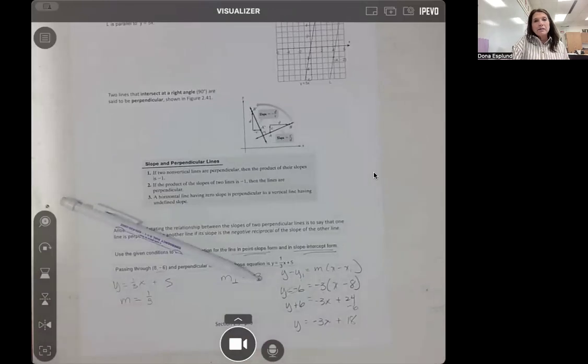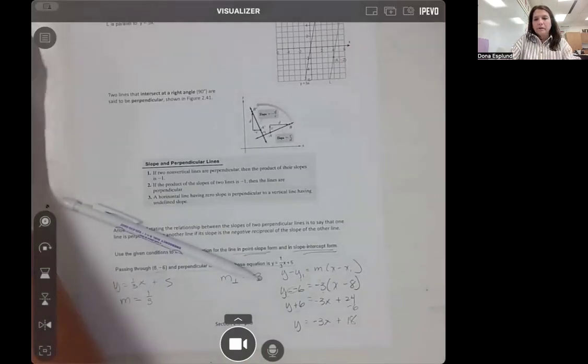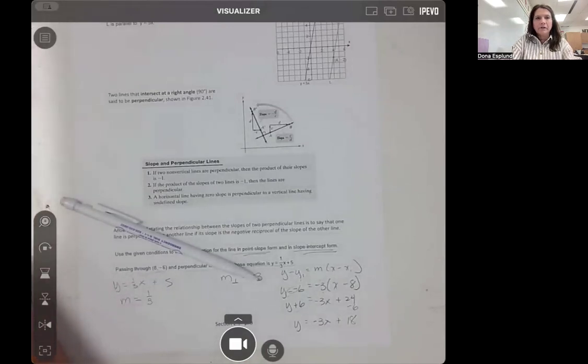So if I go back to my Desmos, I thought I was sharing. Okay, so remember we had the 1/3 and it was positive, so it's 1 divided by 3, plus 5, correct?